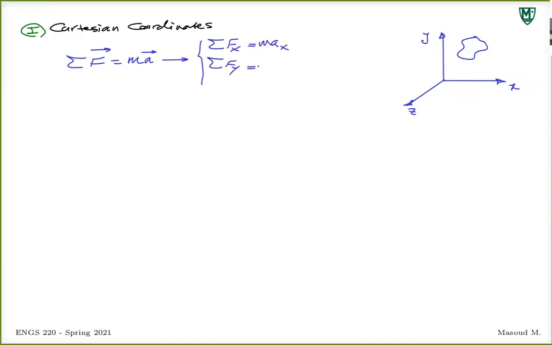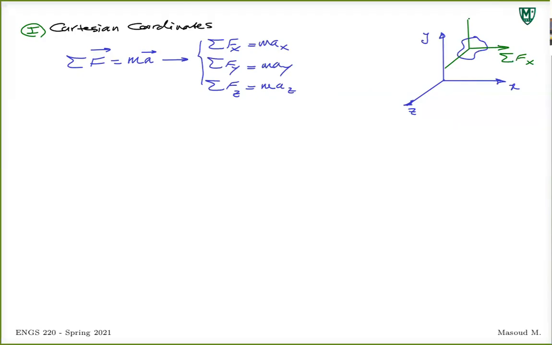Summation of forces in Y direction is equal to MAY, and summation of forces in Z direction is equal to MAZ. Now we can think about these accelerations as the component of acceleration along the specific axis. So these are summation of forces in X direction, summation of forces in Y direction, summation of forces in Z direction.